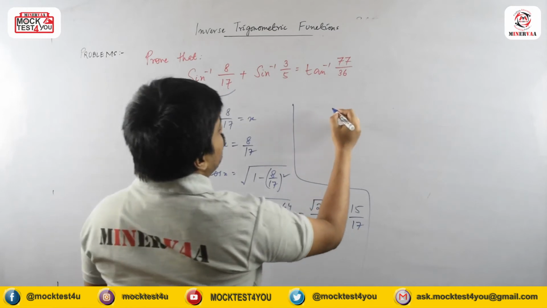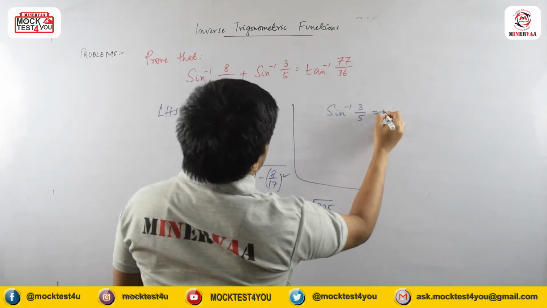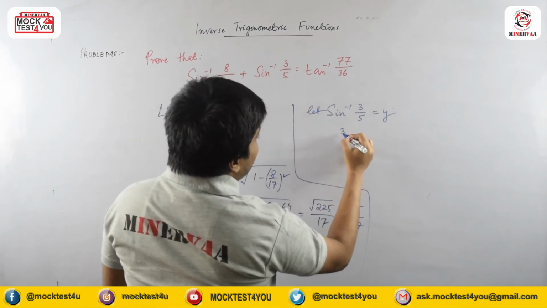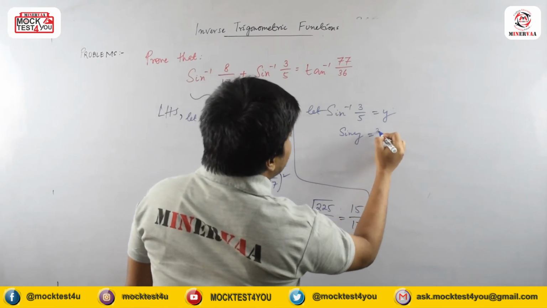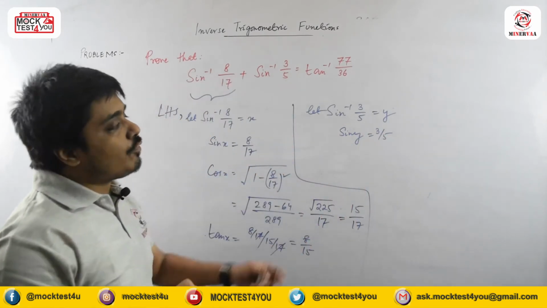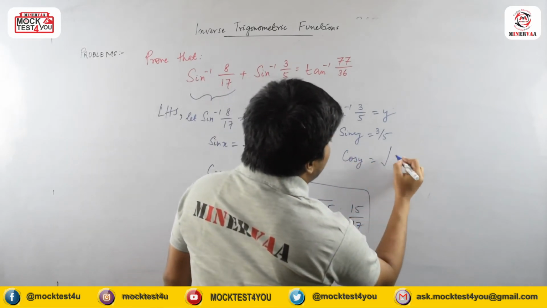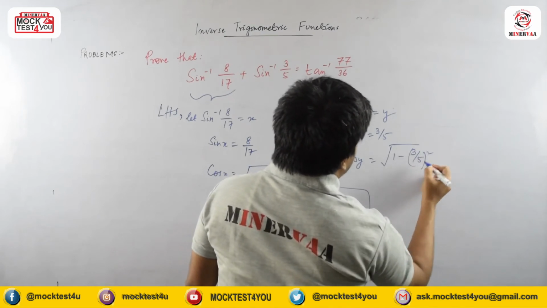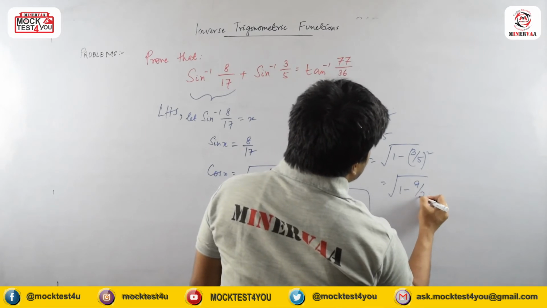The same way, we'll take sine inverse 3 by 5 equal to y. So we can say sine y is equal to 3 by 5. So from here let us find cos y. So cos y is equal to the square root of 1 minus 3 by 5 whole square, which is equal to the square root of 1 minus 9 by 25.